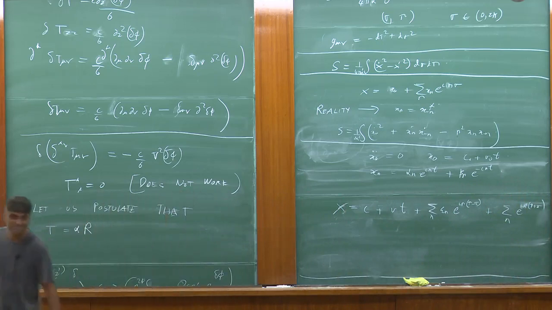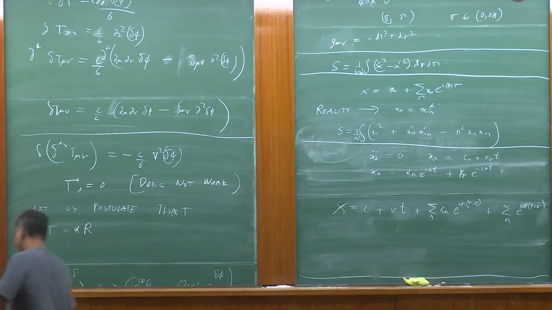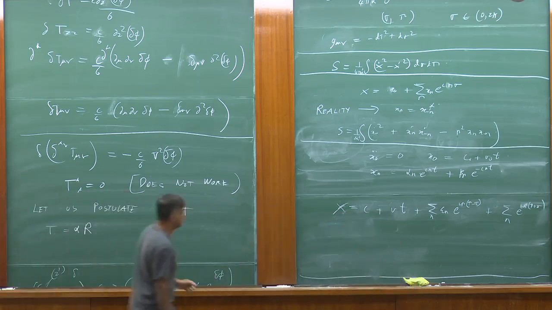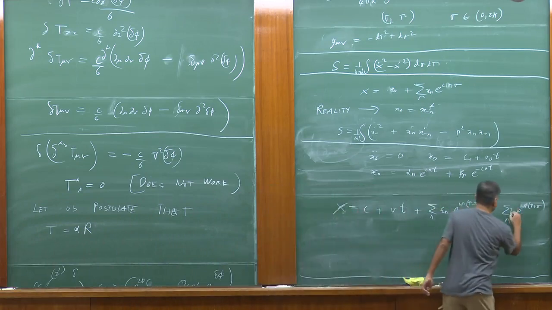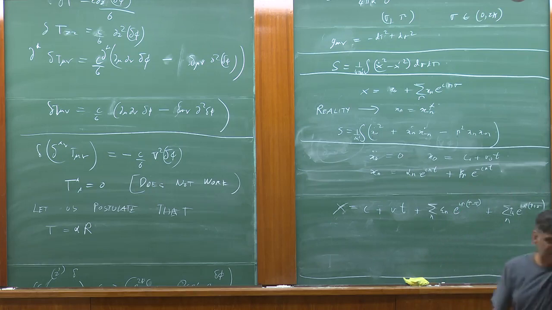Is this clear? So the most general classical solution to this problem is the sum over zeta n's times this plus the sum over eta n's times that.